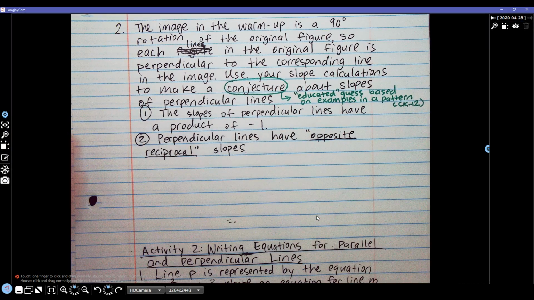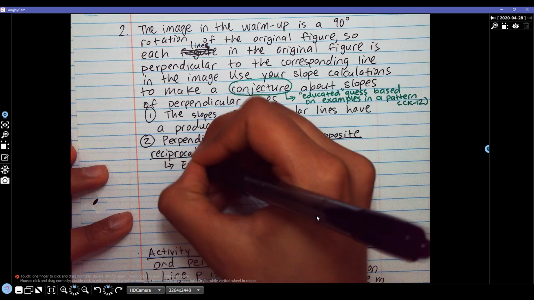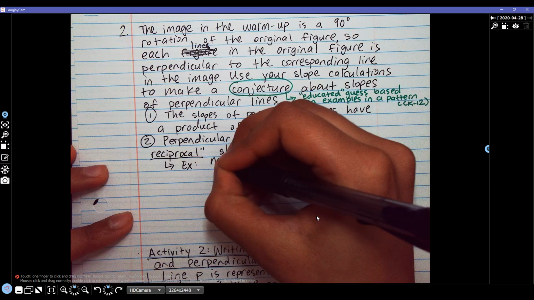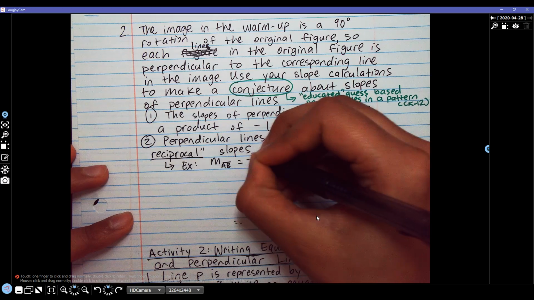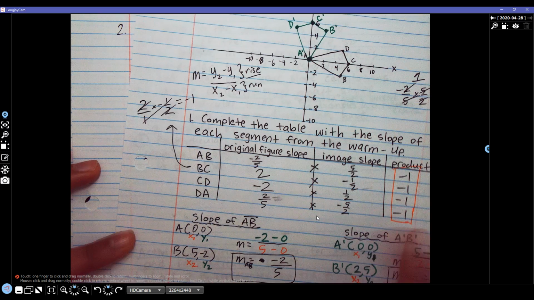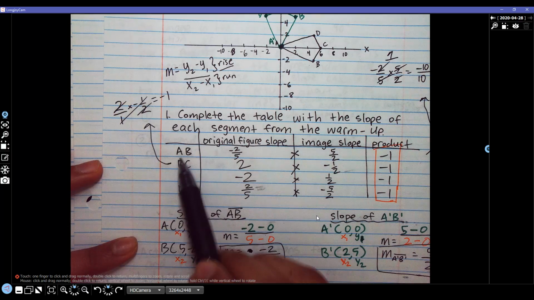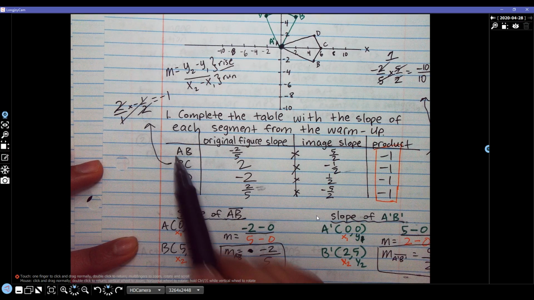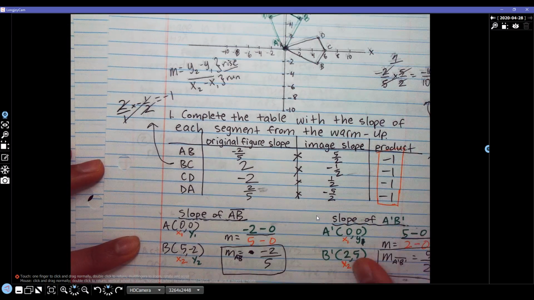Let's take a look at segment AB as an example. The slope of segment AB was -2/5, and I'm just taking this from our table in question 1. Then the slope of A prime B prime, the segment that is perpendicular to AB here, is 5/2.